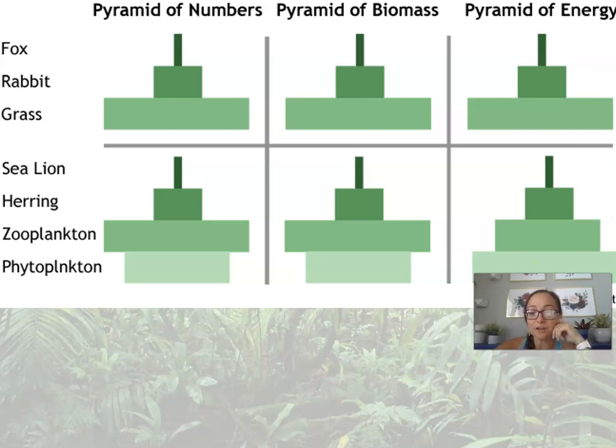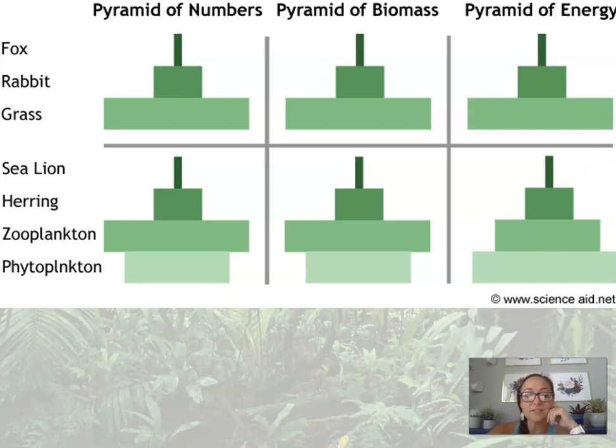And when we talked about that pyramid of energy a few slides ago, it's not just a pyramid of energy that you see over on the right, but you have the pyramids of biomass and pyramids of numbers as well. A pyramid of biomass is how much mass or matter is actually there.